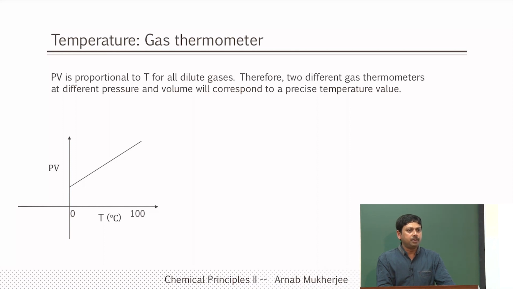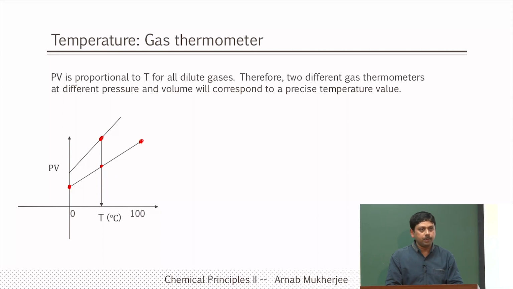So, if you calculate PV at two different values, one when it is in contact with ice, another when it is in contact with boiling water, then one can draw a straight line between them, and at any given intermediate value of PV one can have a measure of the temperature, and that is possible because we are talking about a very dilute gas, and this dilute gas follows a linear behavior with respect to temperature.